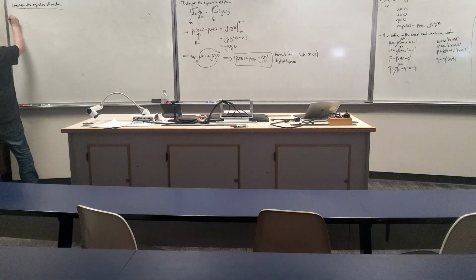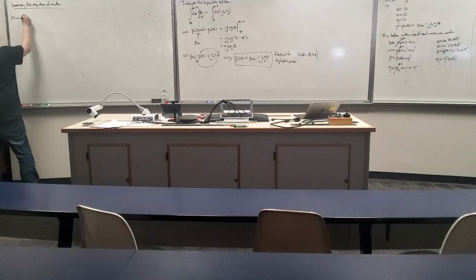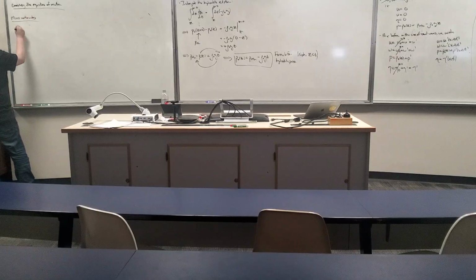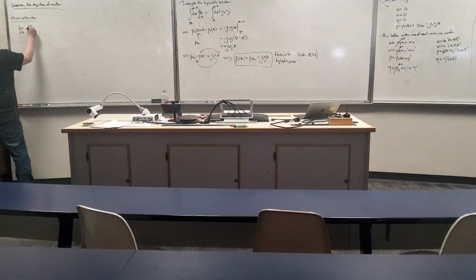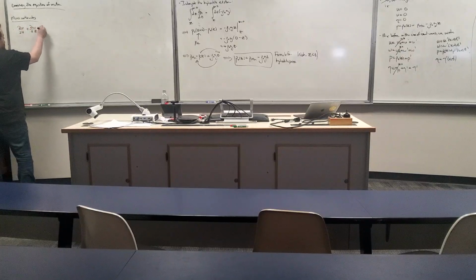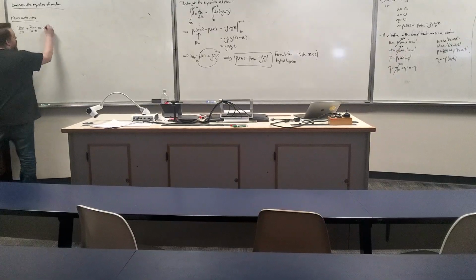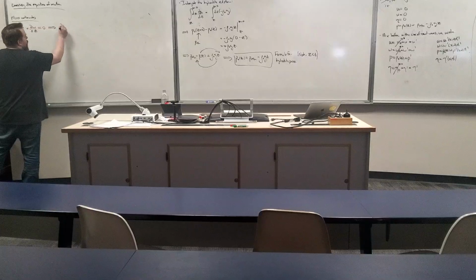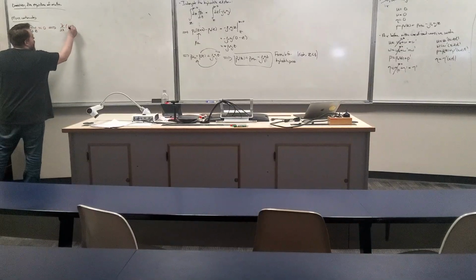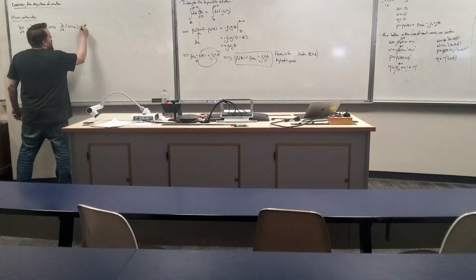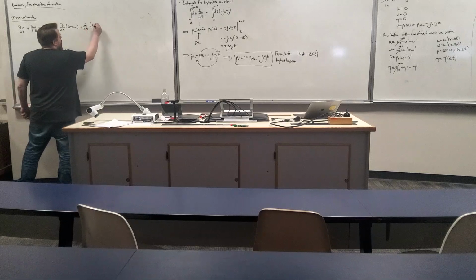So let's start with the mass continuity. Our original equation was du dx plus dw dz equals 0. So this is really easy. We just plug in u equals u prime. So this gives us d by dx of 0 plus u prime, plus d by dz of 0 plus w prime.